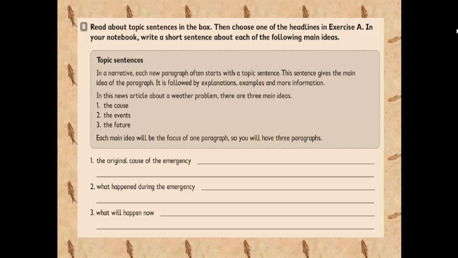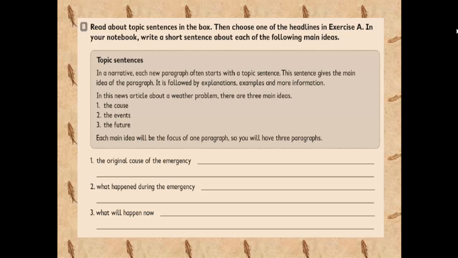Number 1, the original cause of the emergency. We want to choose one topic to explain or to discuss from exercise number A, and I have chosen number 4, I mean, forest fire still burning. So we'll discuss this idea.